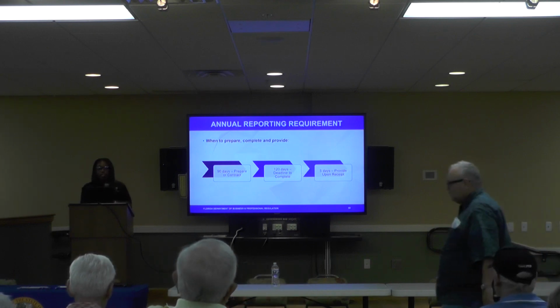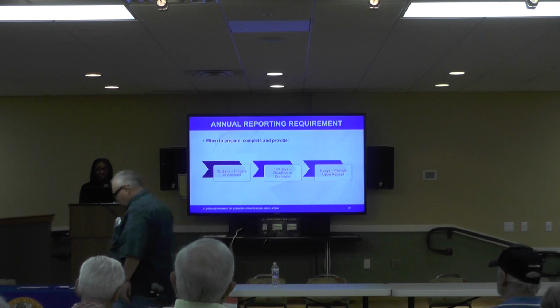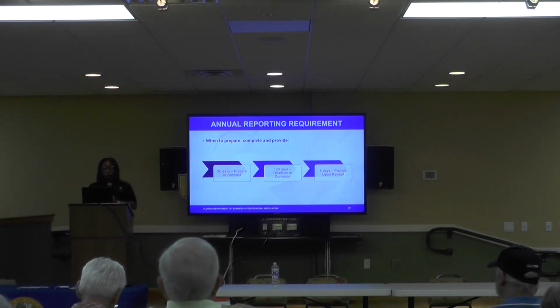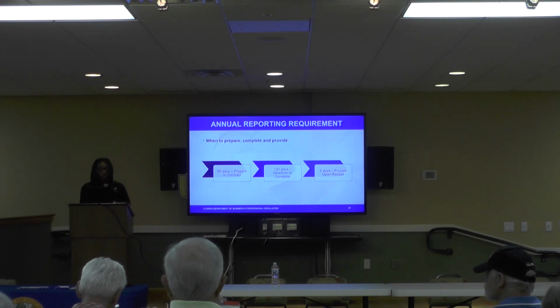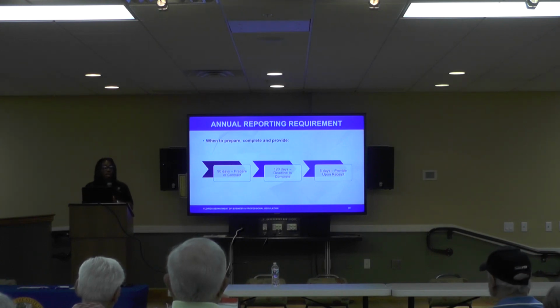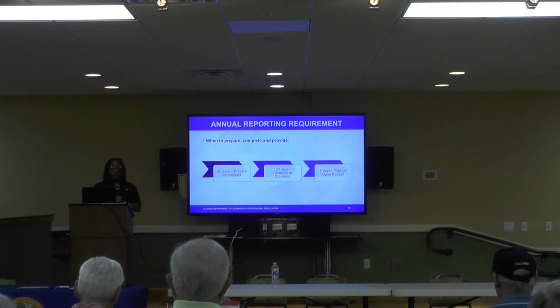The association shall prepare and complete or contract for the preparation and completion of a financial report for the prior fiscal year. This must be done no later than 120 days after the fiscal year, and a copy or notice must be available and provided to unit owners. That's the deadline.